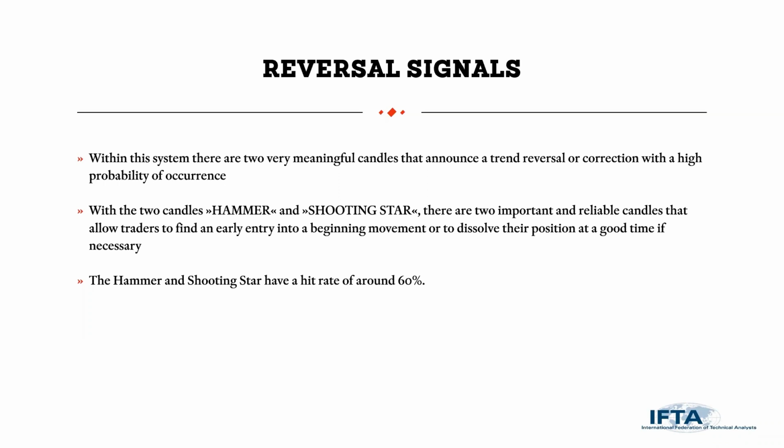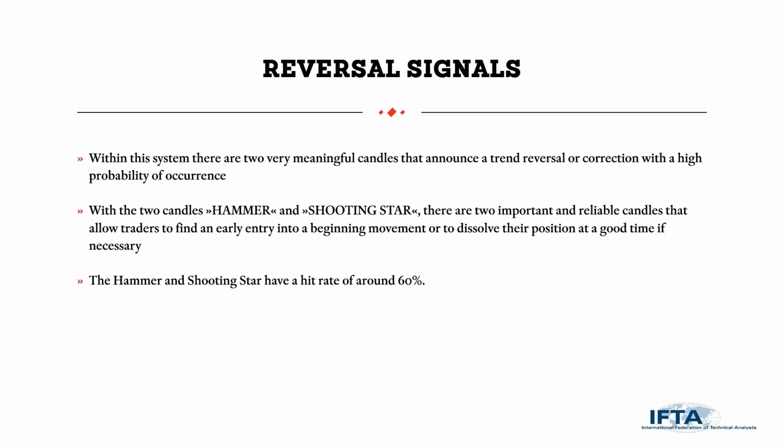I think most of you already know these because they are very common and very popular, and they work really well because they have a hit rate of around 60% according to Thomas Bulkowski. He made great books about all the probabilities and hit rates, and he also tested hammer and shooting star and came to around 60% hit rate, which is already great because if you have 6 trades out of 10 that are winners, there is no problem for you to live from trading, right?